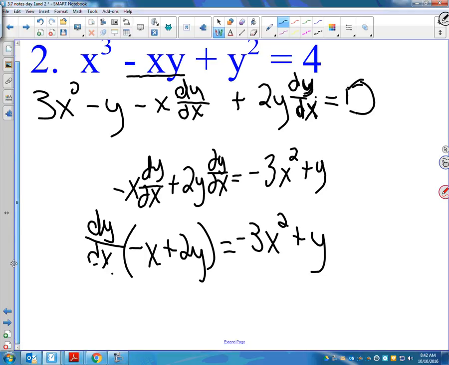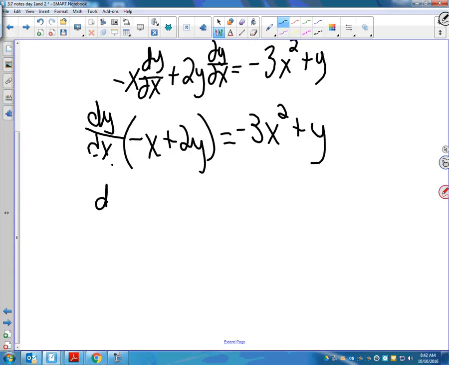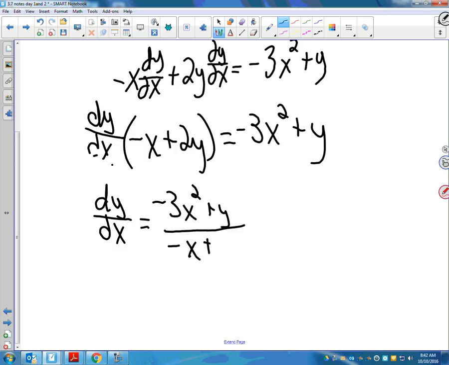So I'm not done until I solve for dy dx. So the derivative equals negative 3x squared plus y over negative x plus 2y.